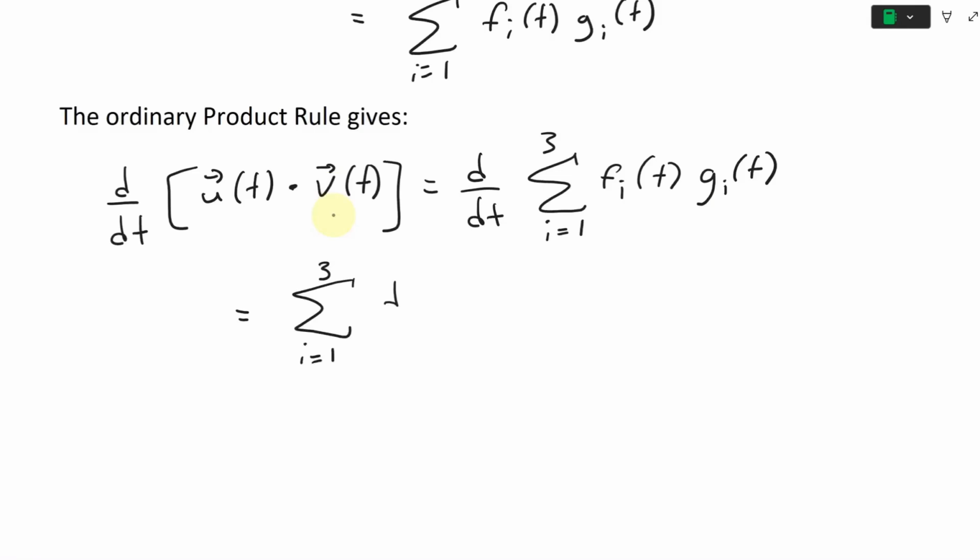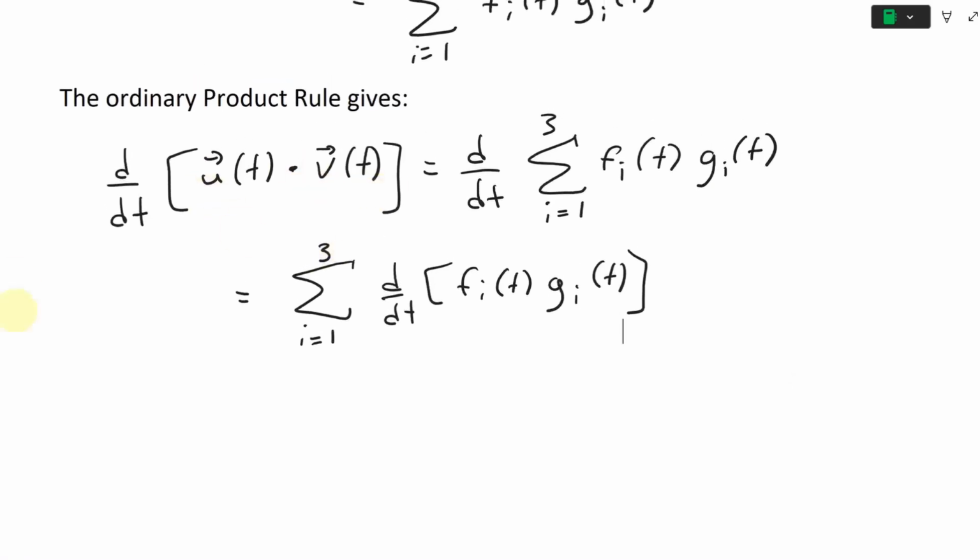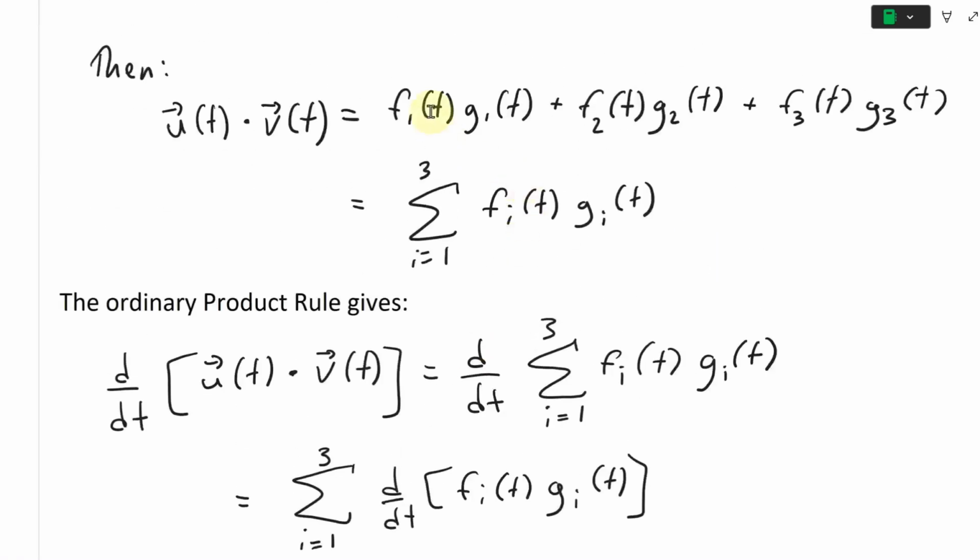Now this equals the summation of d over dt of f_i of t times g_i of t. For each single one, we just apply the product rule. So it is f1 prime of t times g1 of t, plus f1 of t times g1 prime of t, and we do that for each one.